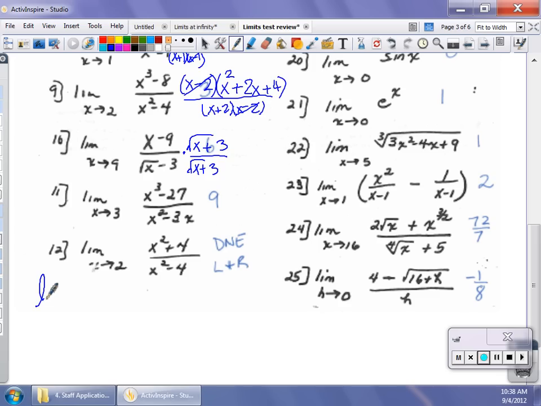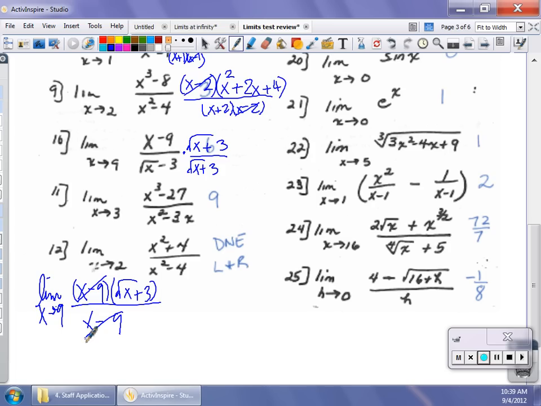So that would be the limit as x approaches 9 of x minus 9 times square root of x plus 3 over, in the denominator we'll get x minus 9, which divides out with the x minus 9, allowing me to substitute the 9 in the numerator, and that's where we get 6.